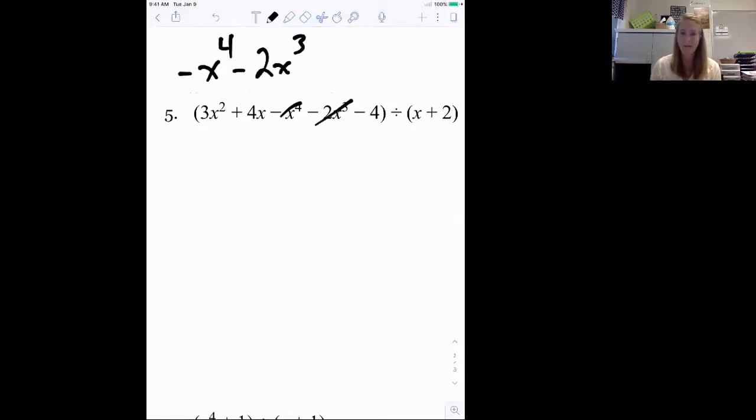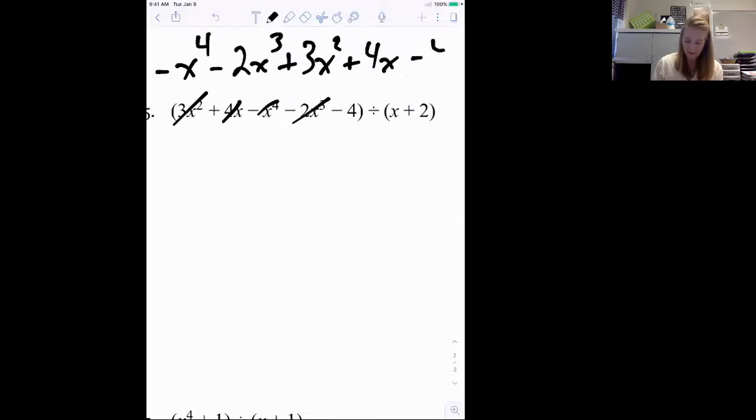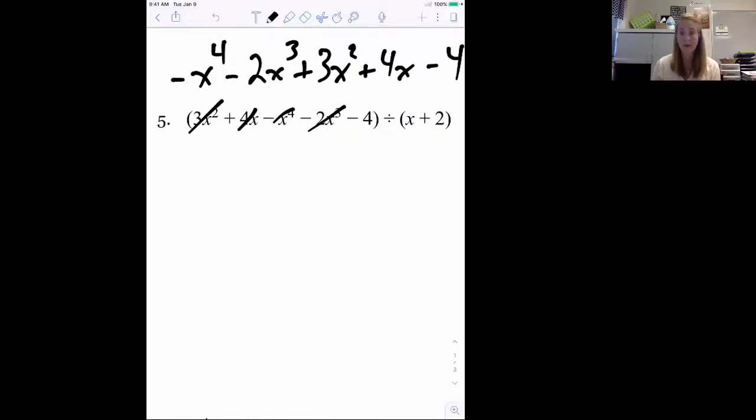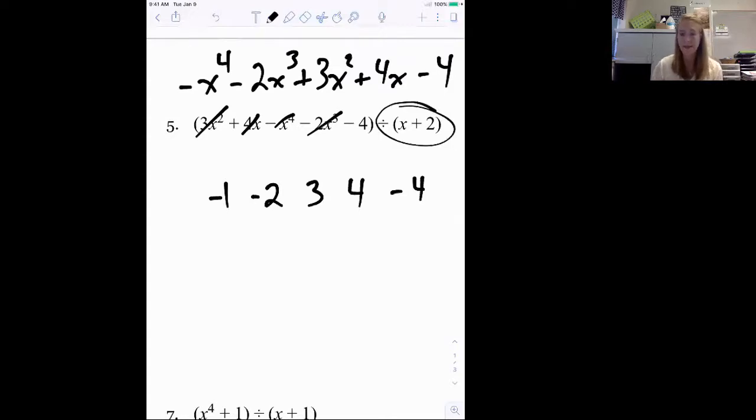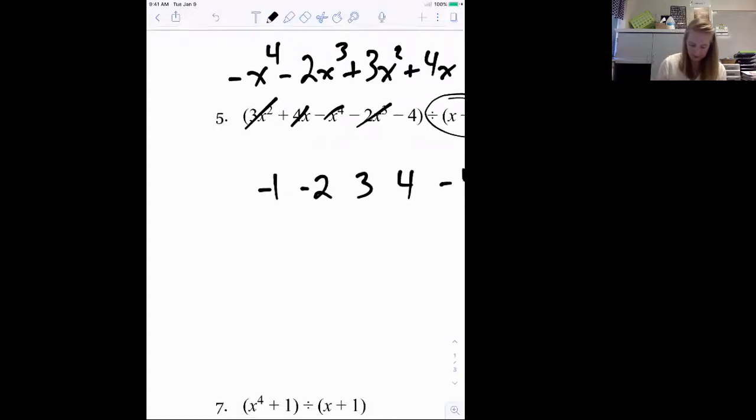Then my x squared term can come next, and my x, and my constant. Okay, so I'm not missing any, and now they're in order. So now I can put my coefficients in. I've got -1, -2, 3, 4, -4. And set this, your divisor, equal to 0, and solve. That means in this box goes a -2.